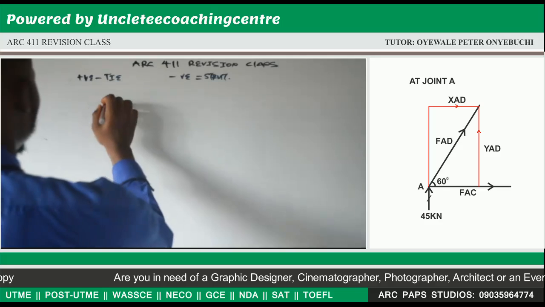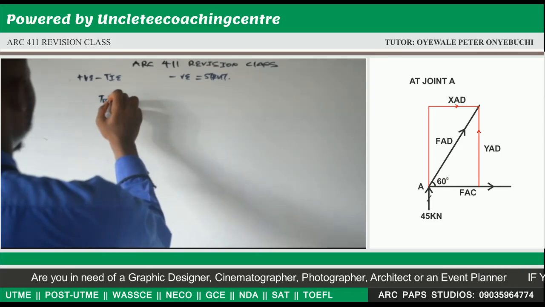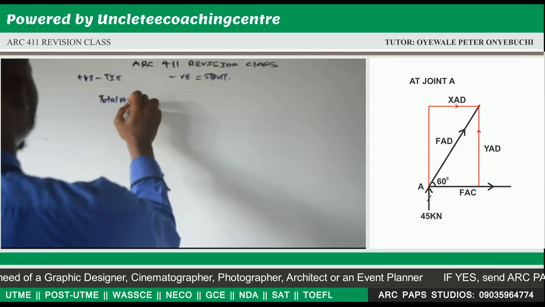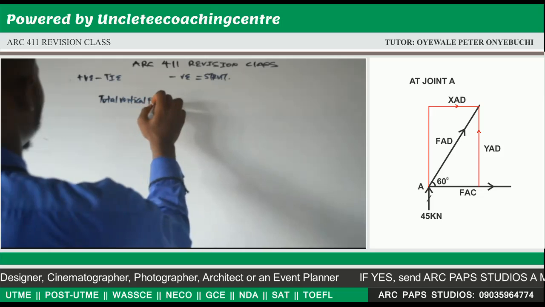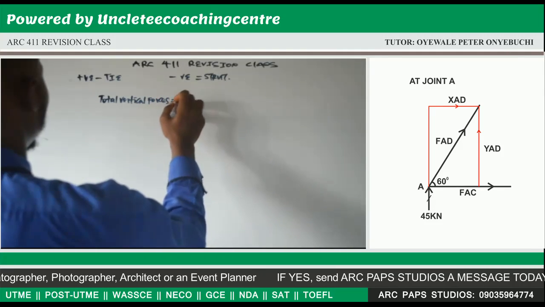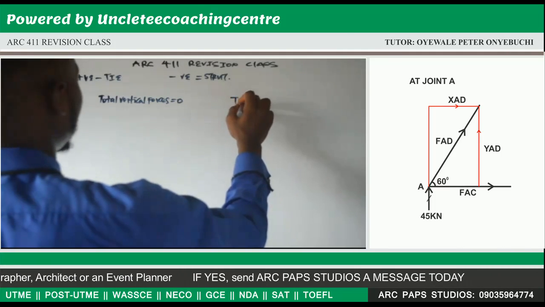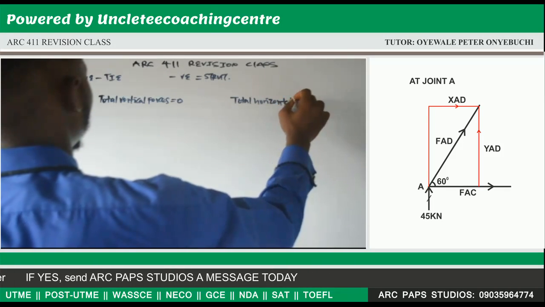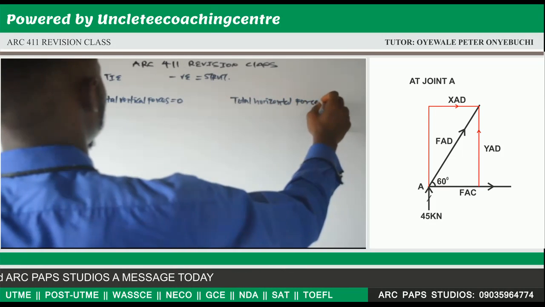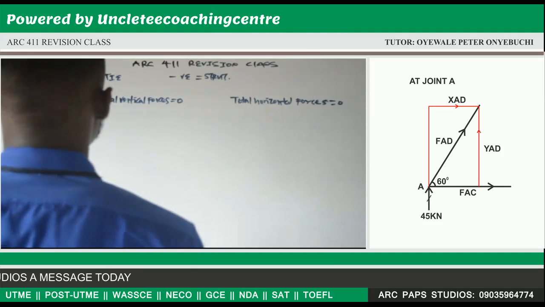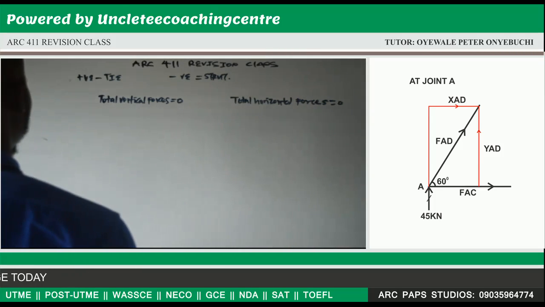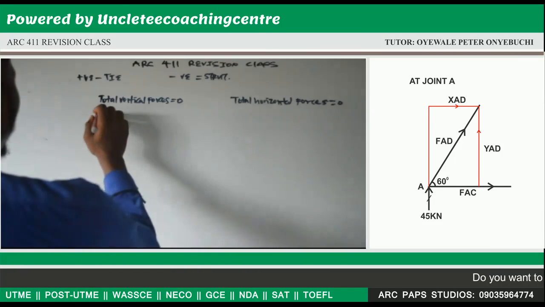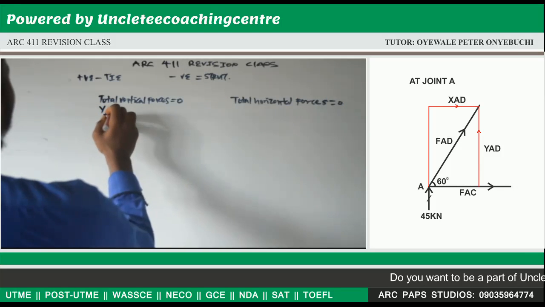Now let's find our total vertical forces, which will be equivalent to 0. Our total horizontal forces will also give us 0. Now for our total vertical forces, the first vertical force there is YAD.